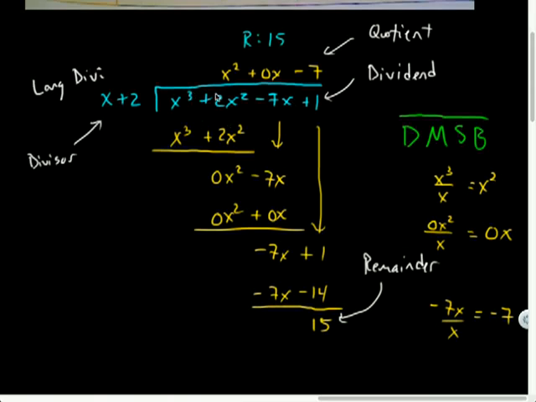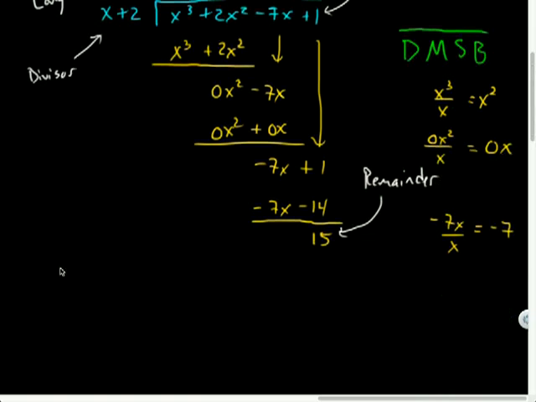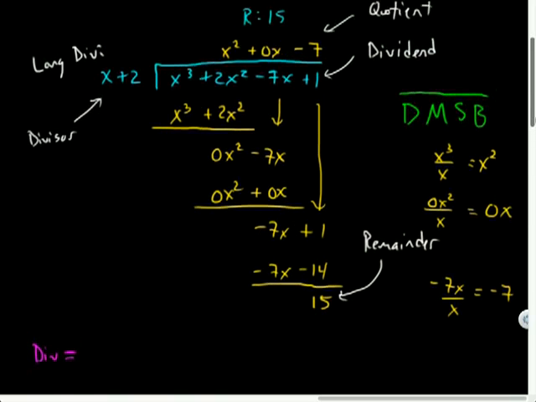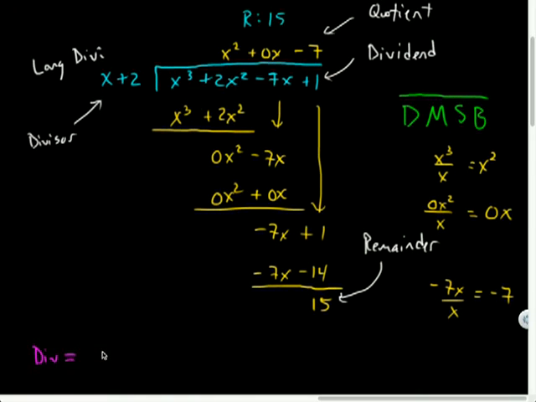Is the dividend equal to the quotient times the divisor plus the remainder? So it's going to be the quotient, which is x squared minus 7, times the divisor, which is x plus 2, plus the remainder, which is 15.